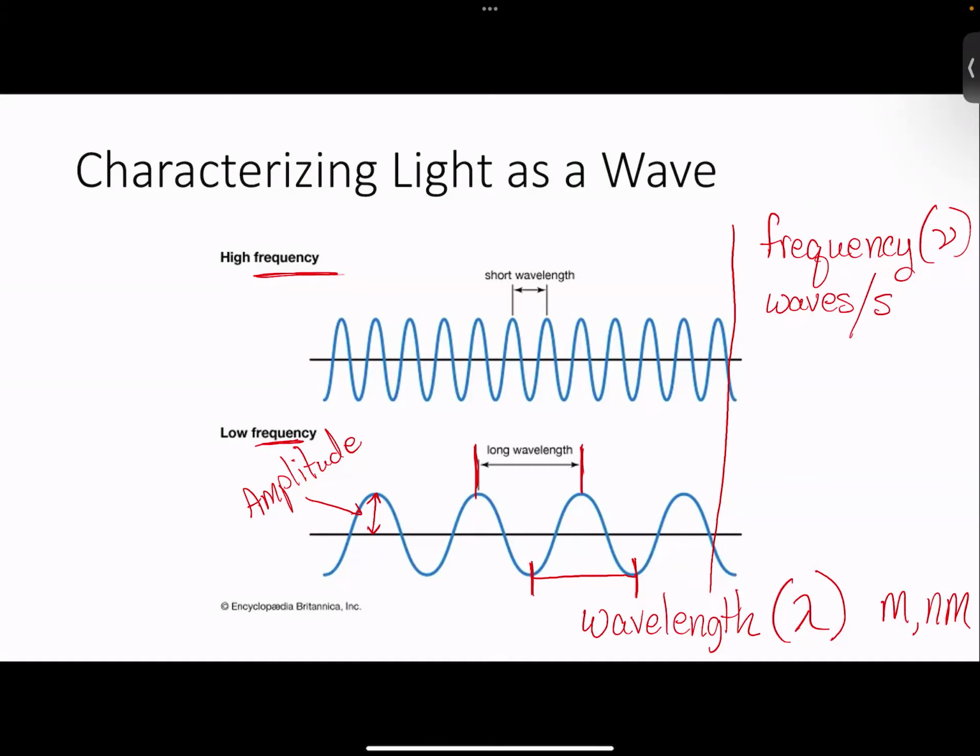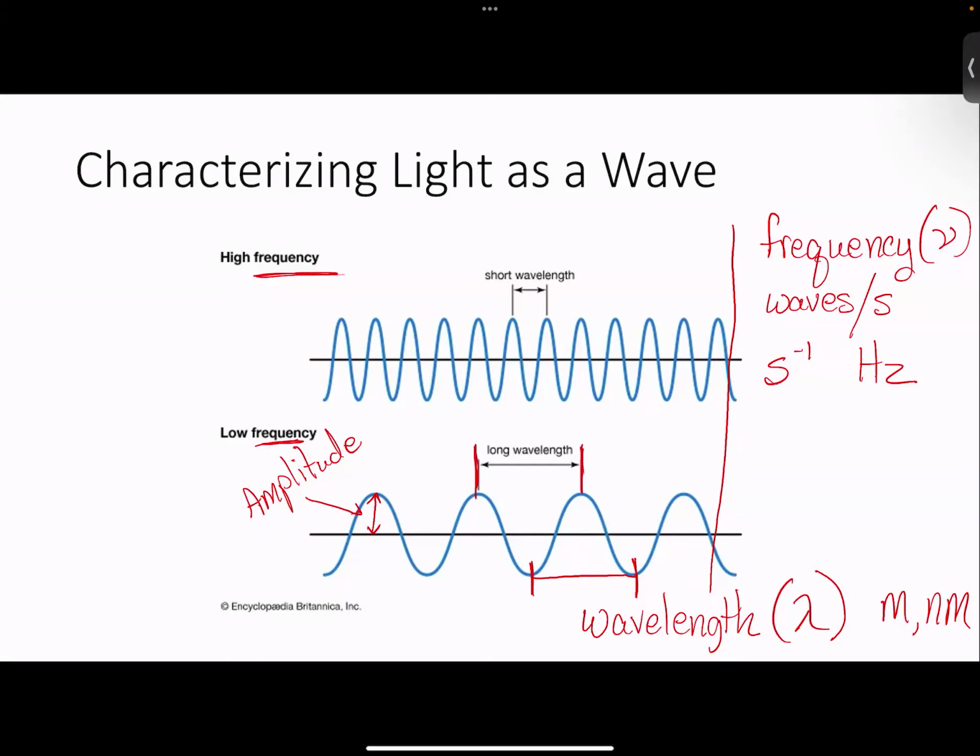So when we see the unit, we'll see it listed as second to the -1. That means that the seconds is in the denominator. This is also referred to as hertz. So these are the three pieces of information that can be used to describe a wave: the amplitude, the wavelength, and the frequency.